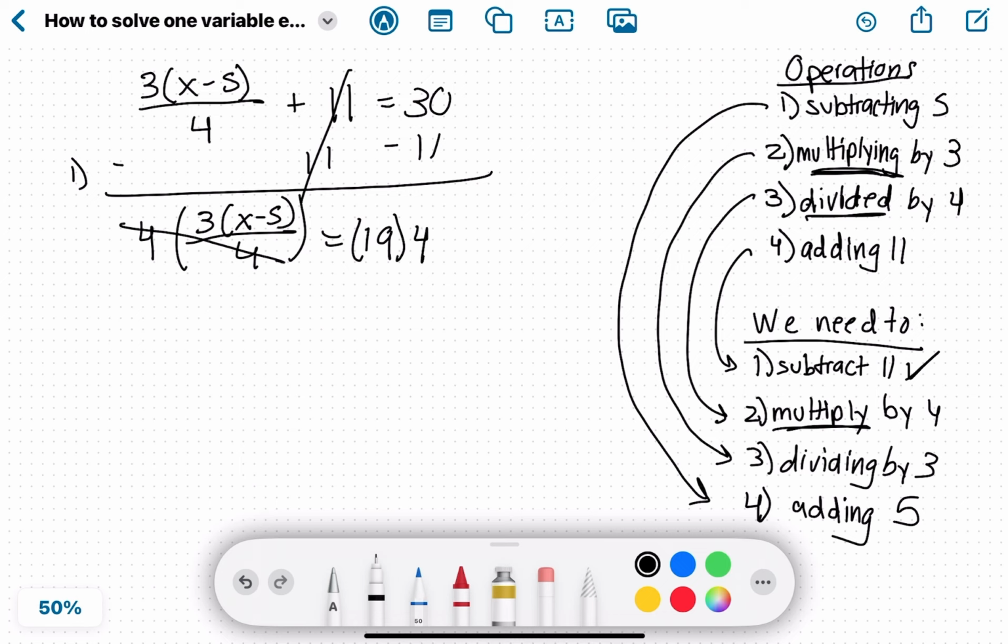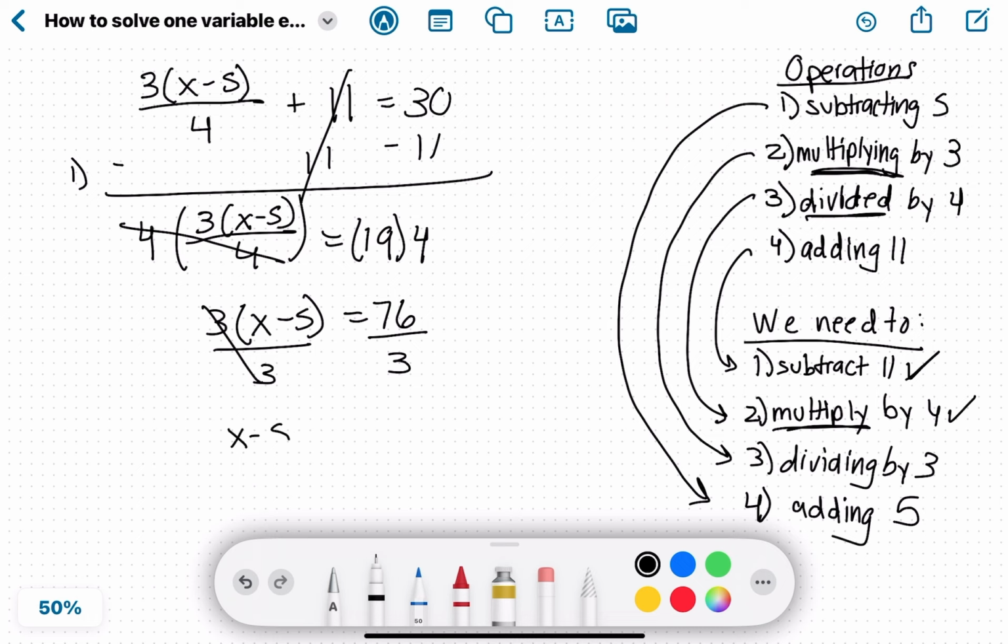Once again, 4 cancels since it's in the denominator. And then we do 3 times x minus 5 equals 19 times 4, which is 76. After that, we can divide by 3. Once again, 3 cancels, it's in the denominator.